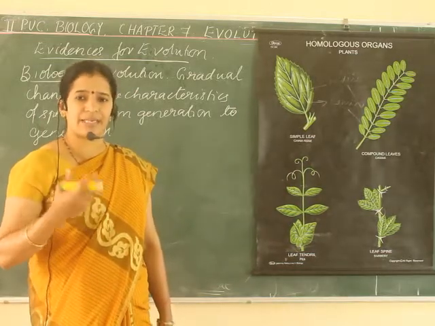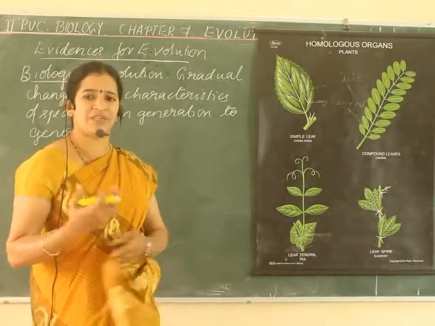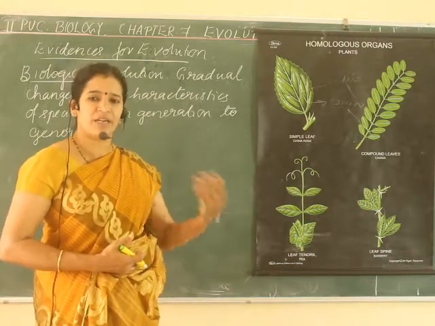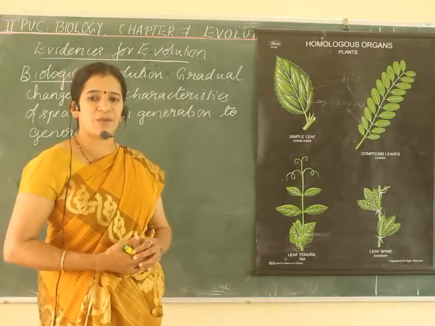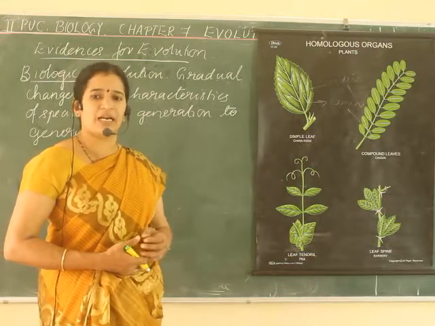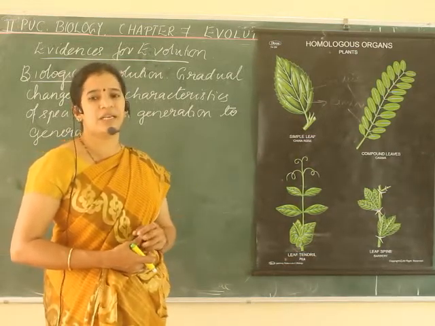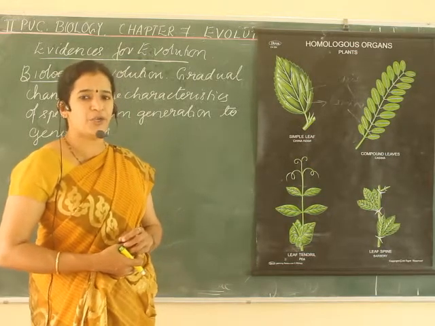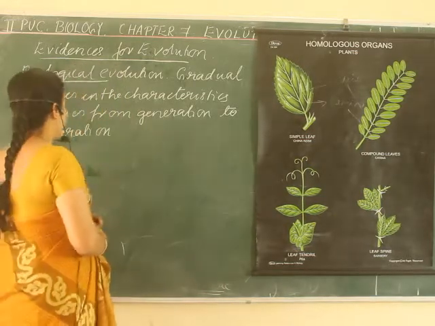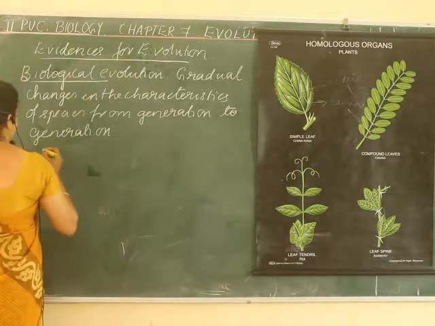There are still changes occurring, a lot of variations in nature, and we can see a lot of variation in different species. So we can also say that evolution is a continuous process, because changes are happening every time.